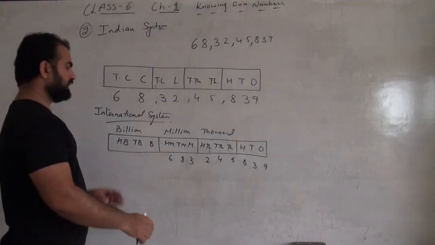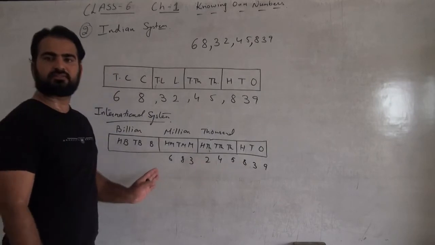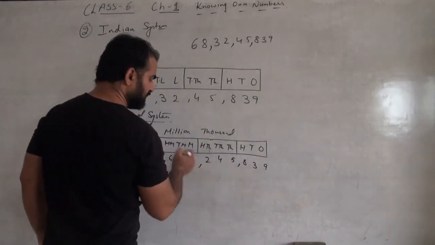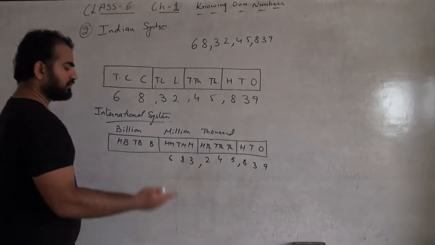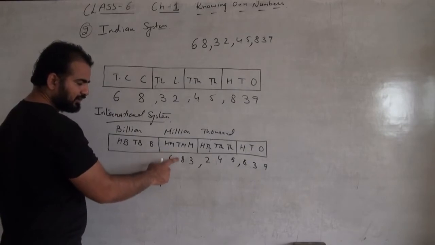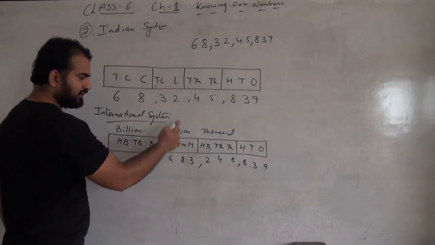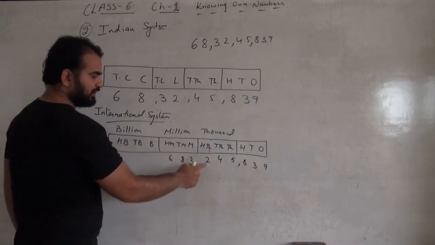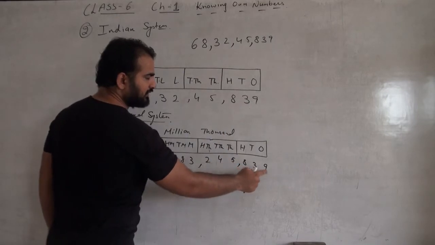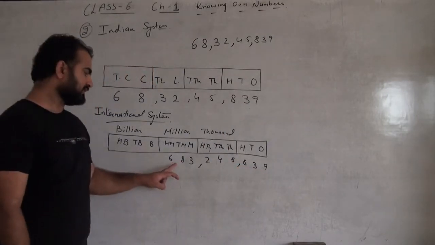In the international system, we place a comma after every 3 digits, starting from the right hand side. So it will be like this. What will be its name? It will be 683 million. Which group is it? Million. It will be 245,839. What will the answer be?